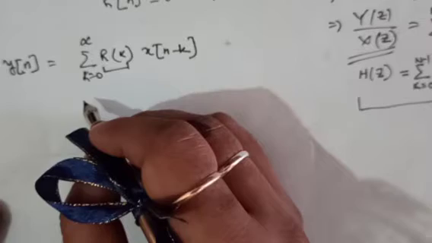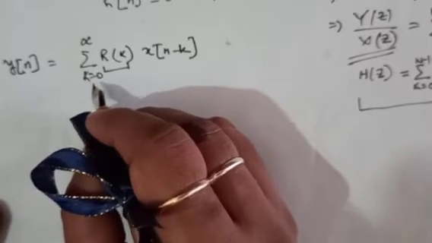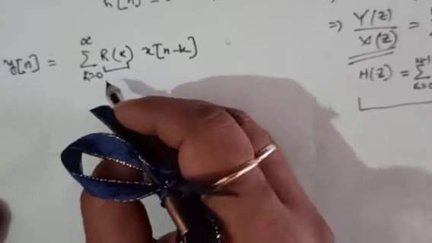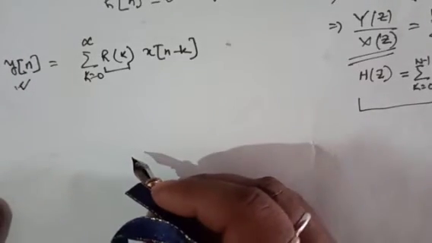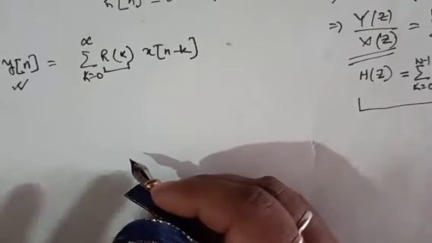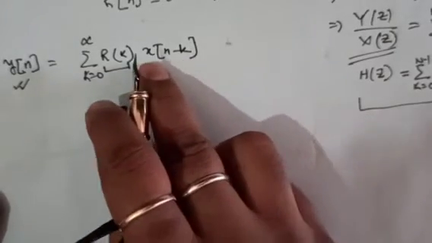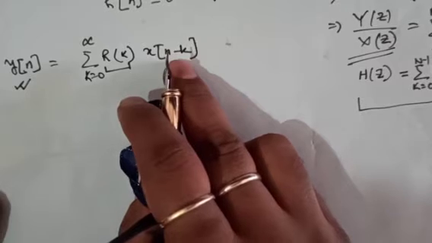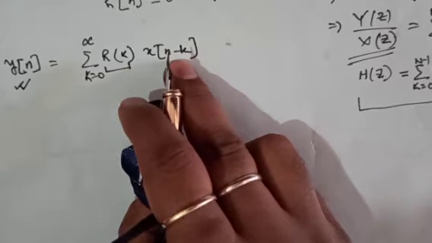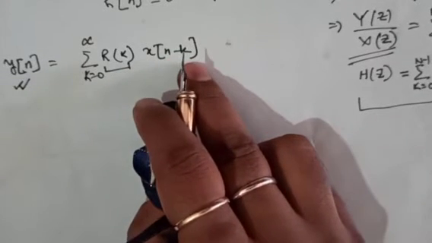Now in that case, since it is infinite, the system output y of n is the weighted linear combination of the input samples x of n, x of n minus 1, x of n minus 2, that means all the past inputs.